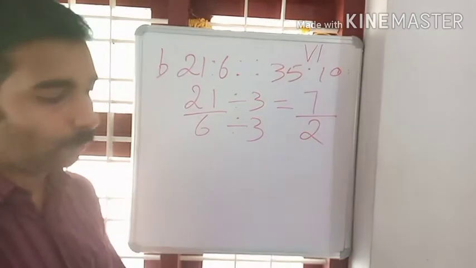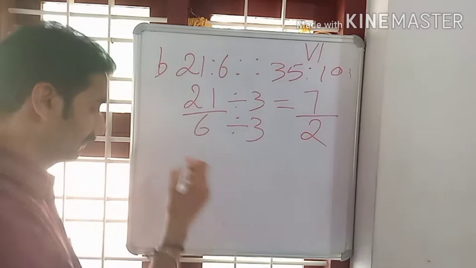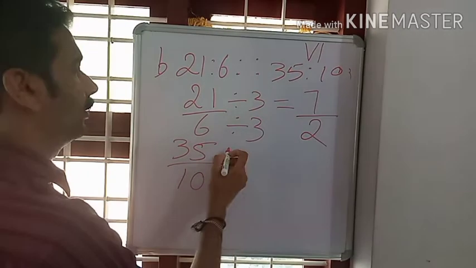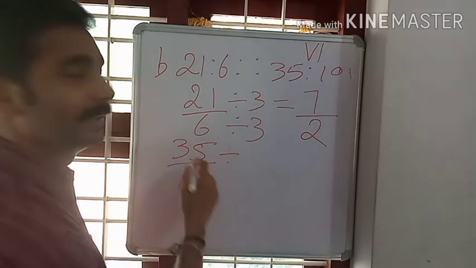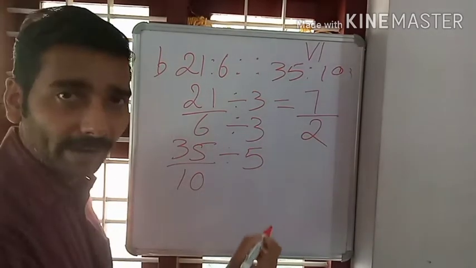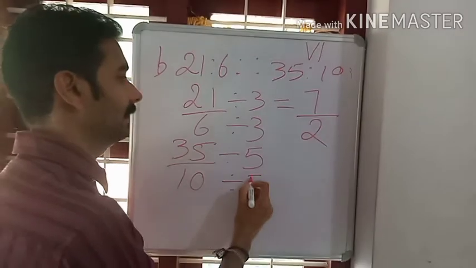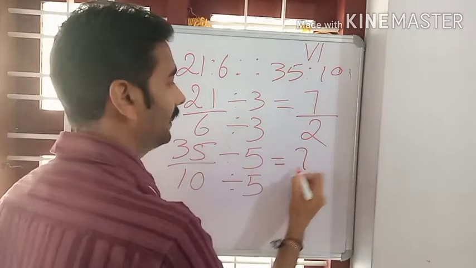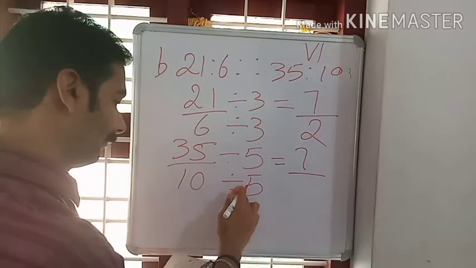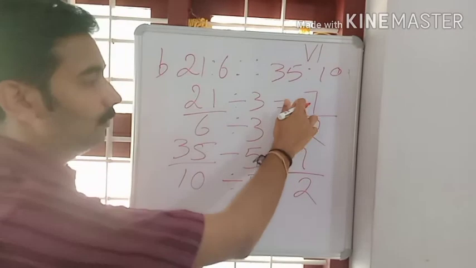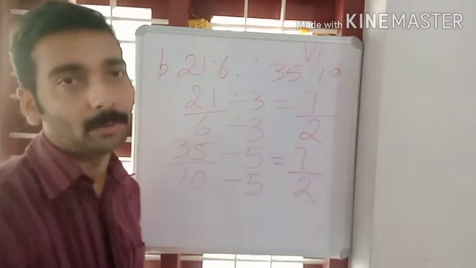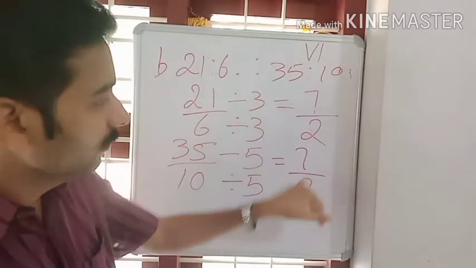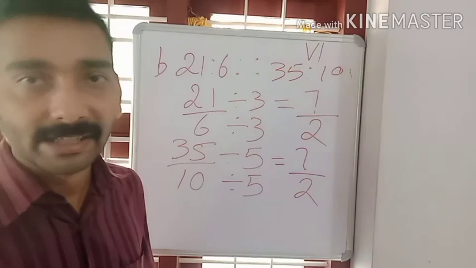Another one is 35 upon 10, divisible by 5. 35 divided by 5 is 7, 10 divided by 5 is 2. 7 by 2 equals 7 by 2. Both are same, so it is proportion, hence it is true. Clear? Okay.